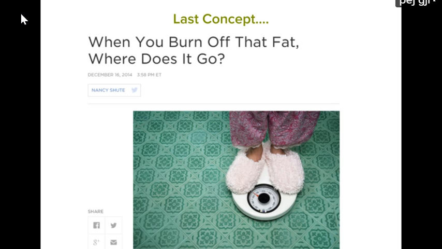Chloe? I don't know if this is for sure right, but don't you breathe it out? Yeah. Do you think anyone in your family is going to think that the fat that was in your body actually came out of your mouth? No.